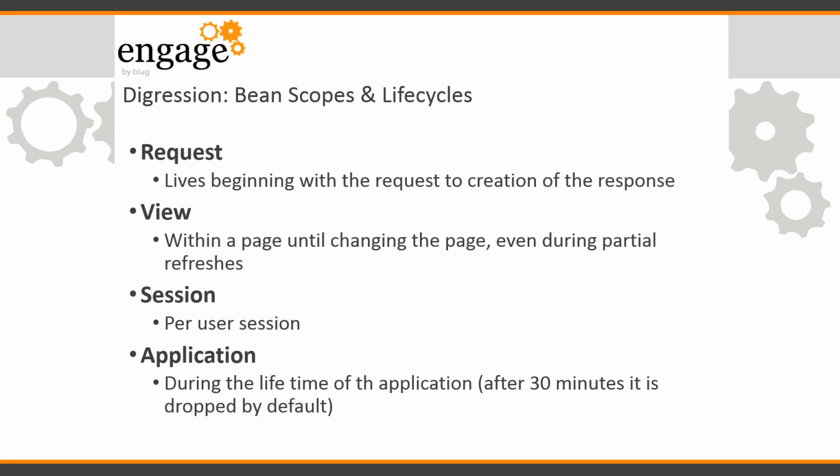And the last part, the application scope. This is the one that lasts the longest time. After 30 minutes, it's dropped by default. You can change that setting to higher or lower values. I never did that, and I never had to use it, but you can do it in the XSP properties of your application.